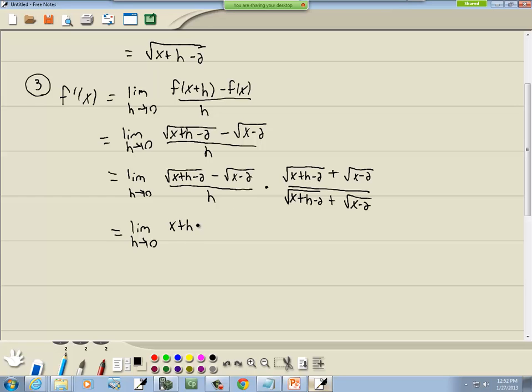So we got x plus h minus 2. Minus, now put parentheses here, because that minus has to affect everything that follows it. Square root of x minus 2 times square root of x minus 2 is just x minus 2. Now the bottom part I'm not going to actually multiply together, I'll just put them next to each other. Because again, we're hoping that h will disappear.